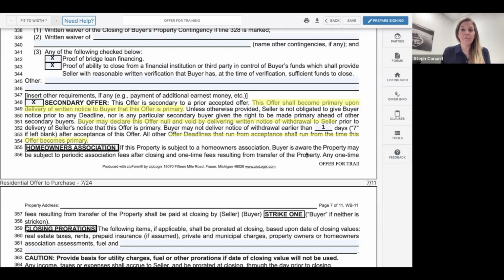I've had it negotiated where this has been like 10 days, because a seller accepted an offer with an inspection contingency. And the seller is saying, okay, we'll accept a secondary offer, but we want to see if they're going to hang out at least while we negotiate this inspection contingency.